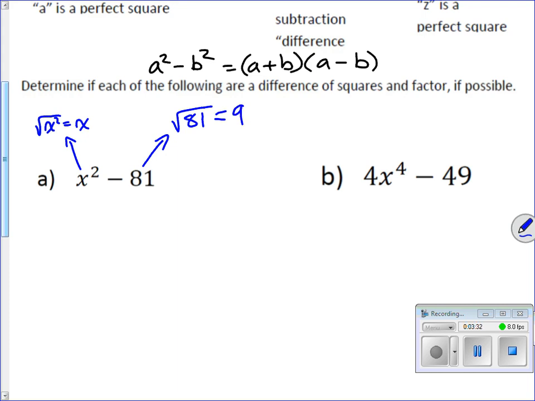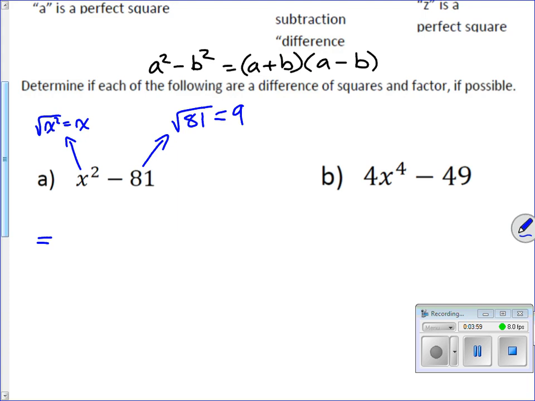Now, when you see something squared minus another number, you try immediately to see if you can use this pattern that we have up here. It saves us a lot of work. Otherwise, we'd be doing factoring by grouping or the Berry method, and sometimes we get tired of doing that. So this basically represents a shortcut.